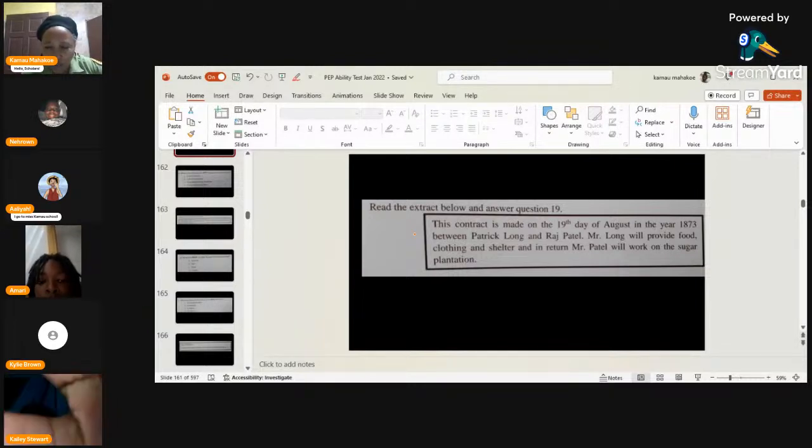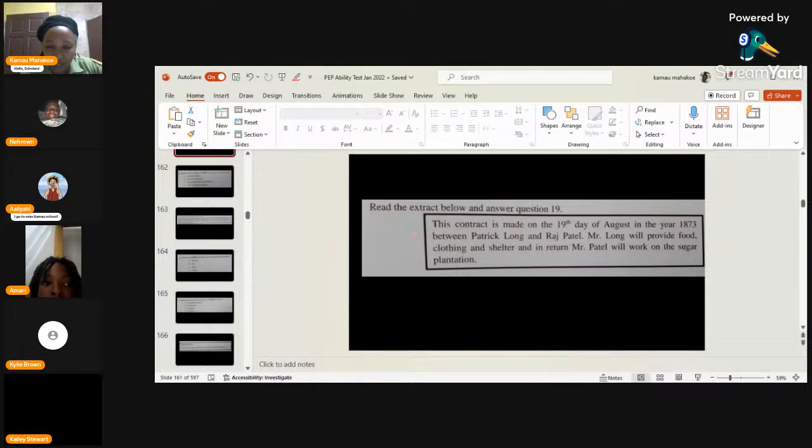One of the clues is 1873. We know that period in our history. This was right after slavery ended, right after emancipation. So we're thinking of the period of indentureship. Here we have an East Indian and an Englishman signing a contract.